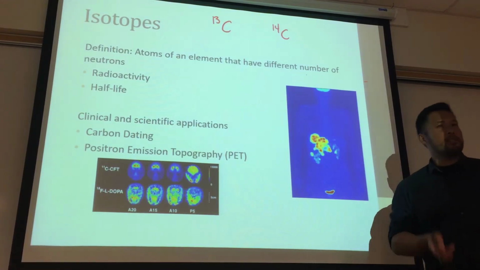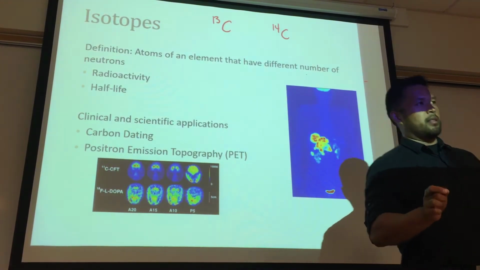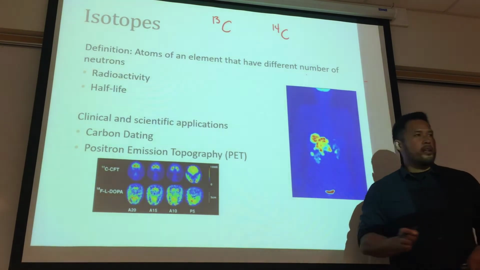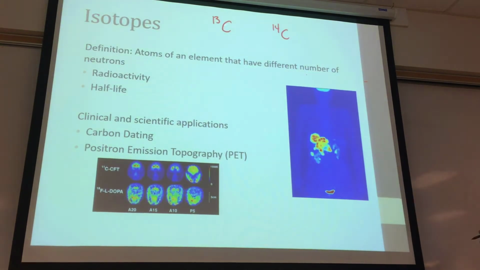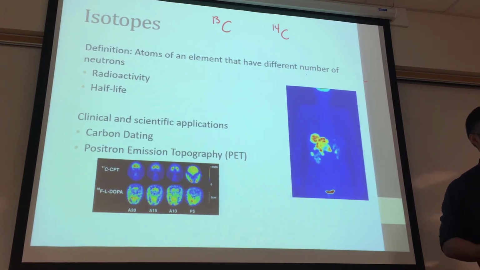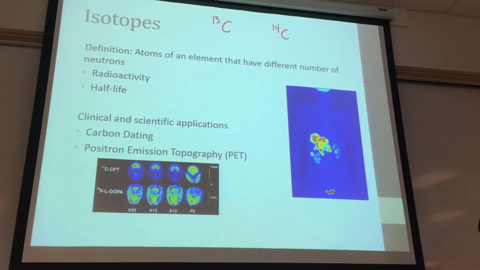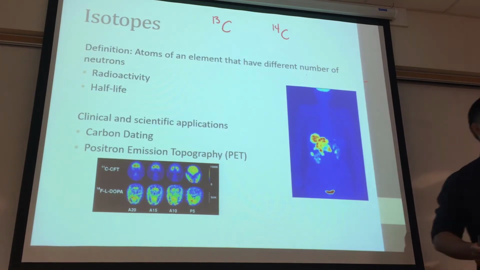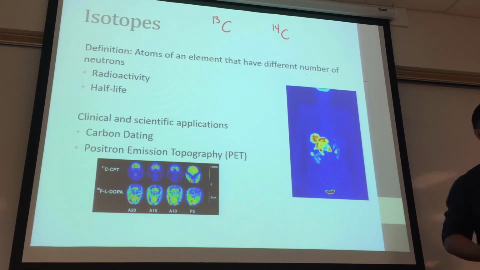No. Actually, what they do is they take a sample of the bone in there, and they know that at any given time, we have a certain percentage of 13 carbon. I don't remember exactly what that percentage is, but let's say 0.02% naturally occurring. That means if I were able somehow to grab all the carbon from your body and measure it out, I would know that 0.02% of that would be this radioactive isotope.